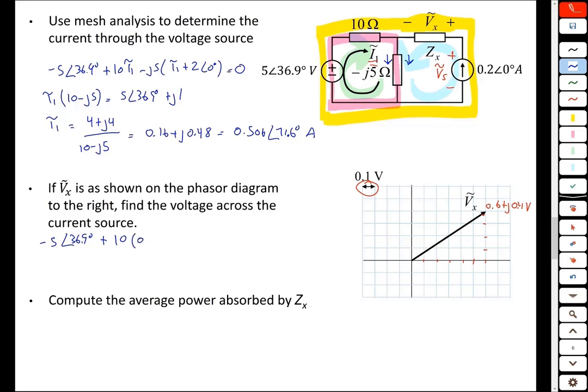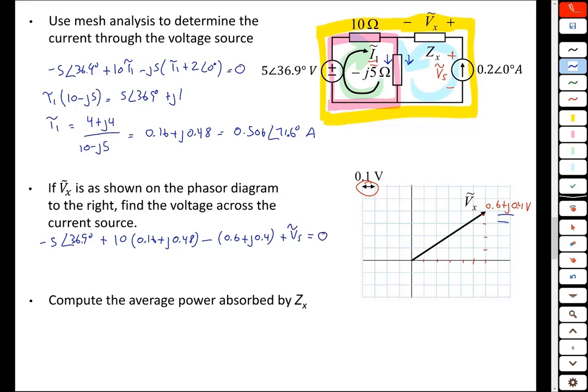It is 0.16 plus J.48. We solved that in the previous part of this problem. Minus Vx. Vx we're given there. It's 0.6 plus J.4. Plus what we're solving for, Vs, is equal to 0.